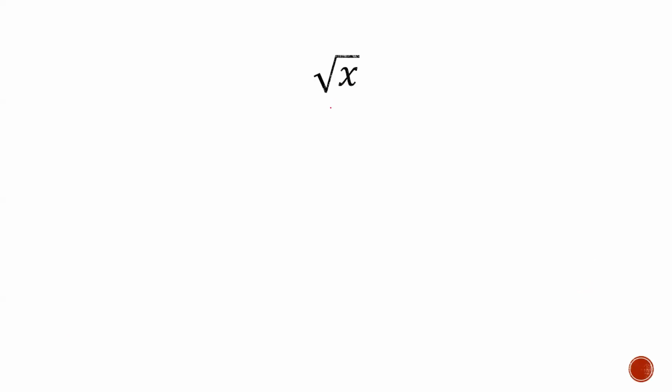So if we are asked to find the gradient function of the function root x, we would similarly let y be equal to root x, and let delta x be the small change in x that causes y to change by delta y.